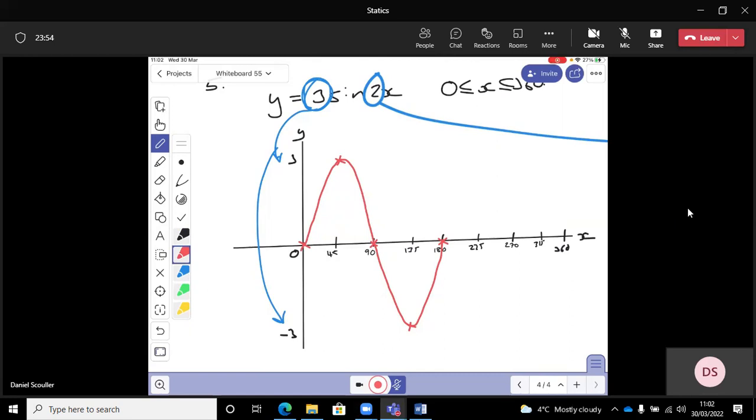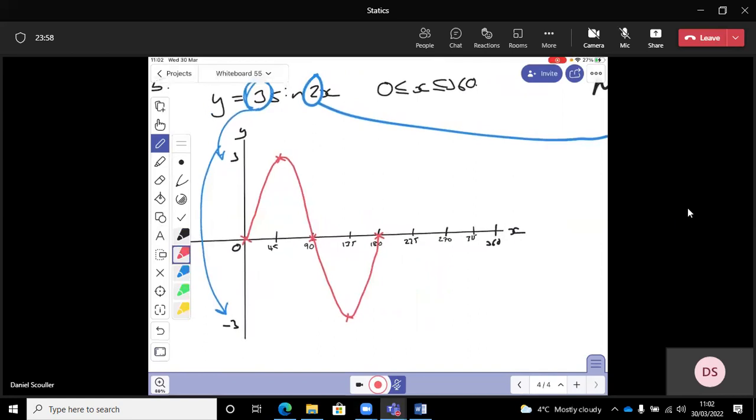Know the difference between sine and cos. That's not the end of it. We're going to get another full wave, two full waves in between.